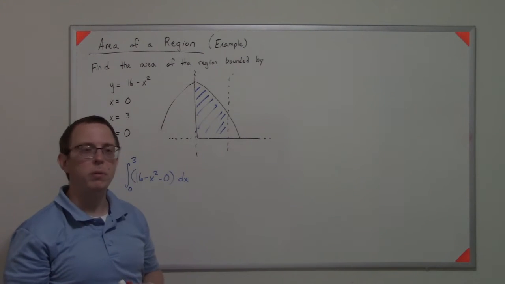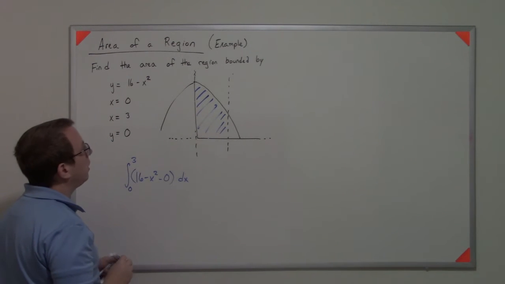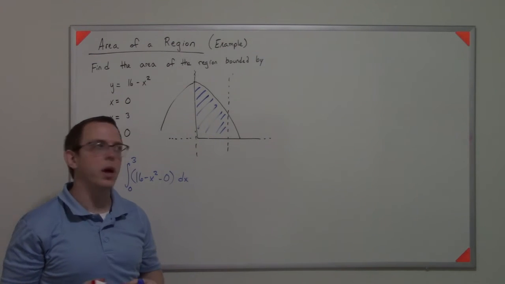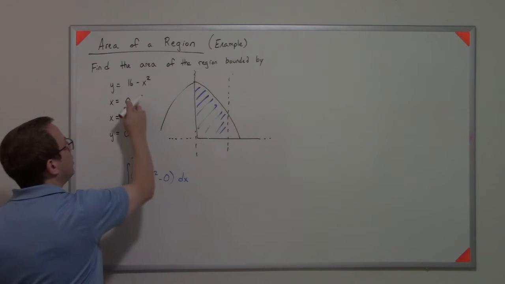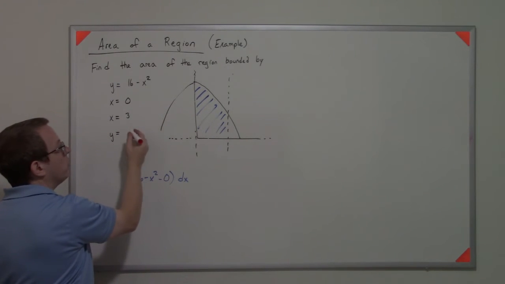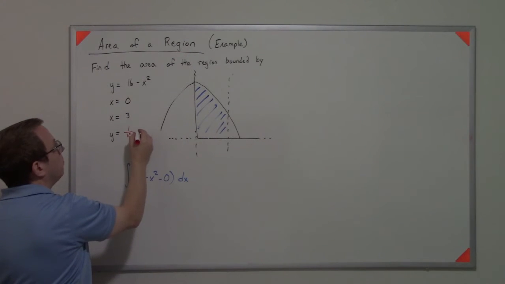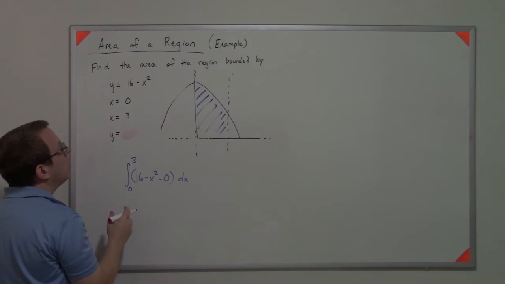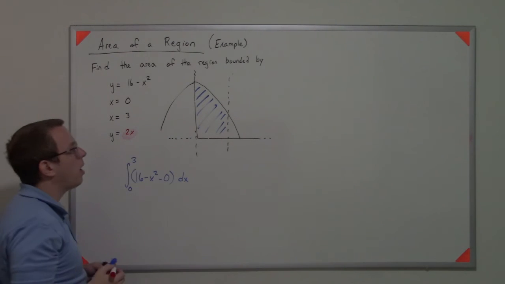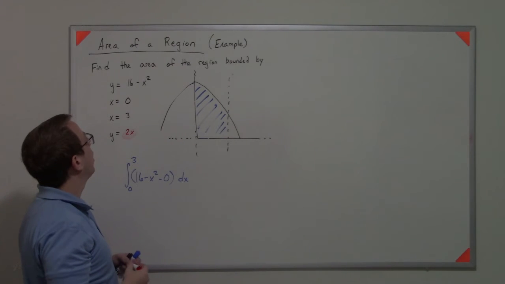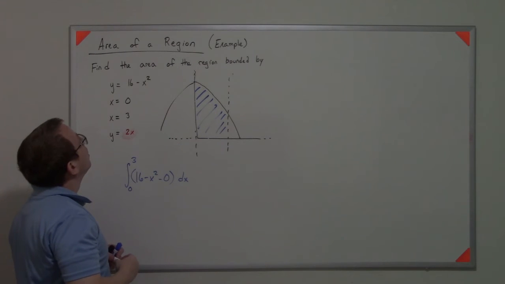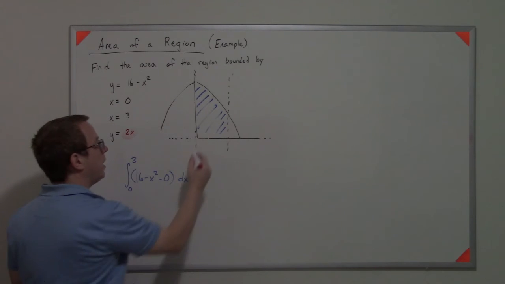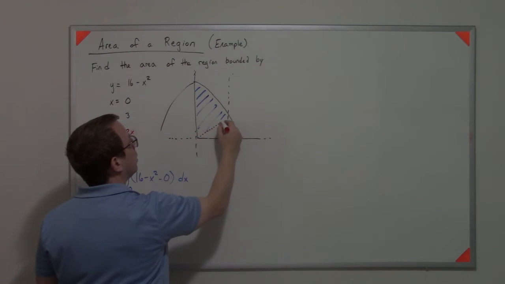So why am I doing all that? Well, I'm not going to for this, but you could have said, what if I wanted to bound the same thing, but instead of y equals 0, what if it was y equals 2x? Then the height would have been like that line.